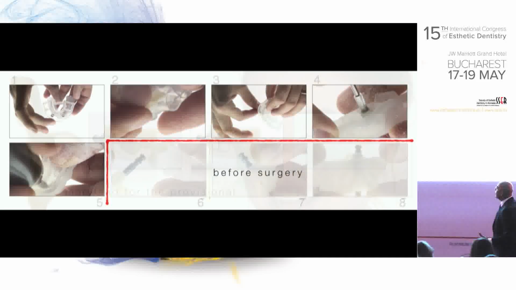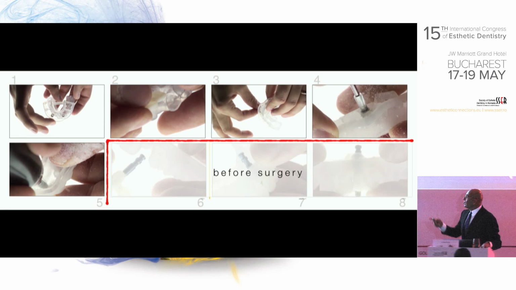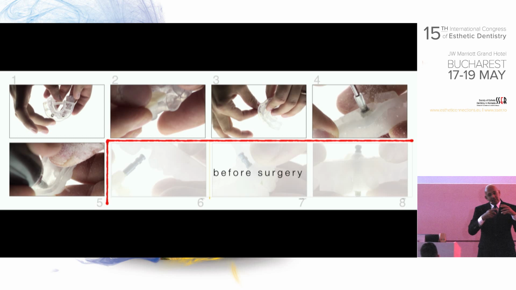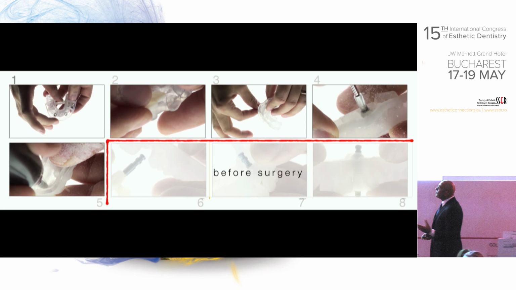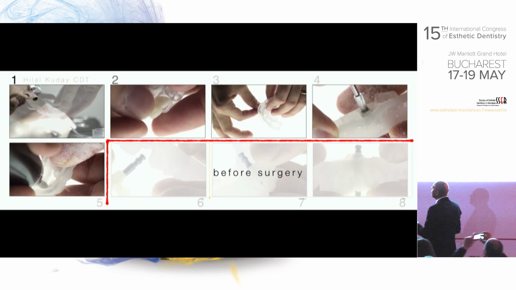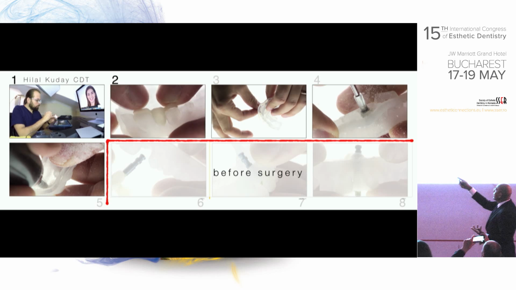That's simple. One other step we did is that I told you we got the stereolithic model of the original mouth and the guide. So Hilal starts using this guide way before surgery. How? Just like this.